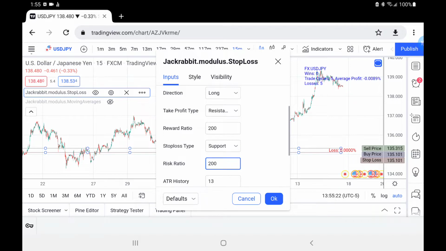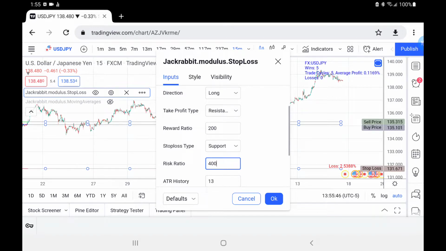And as you can see from the profits, minus 0.0089%. So this is a loss. So let's take our support to 400. And we have a bit of a profit.